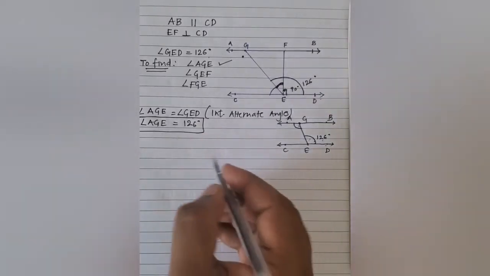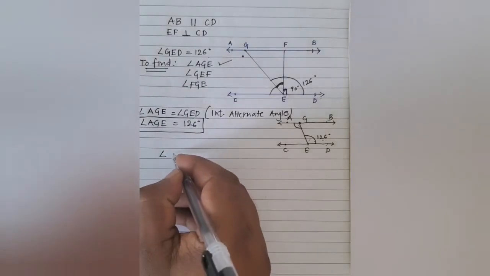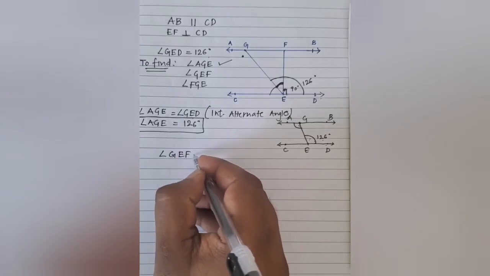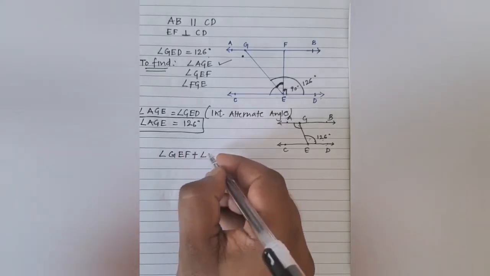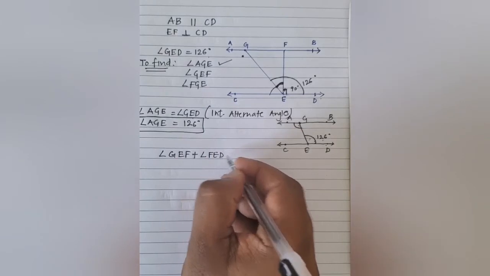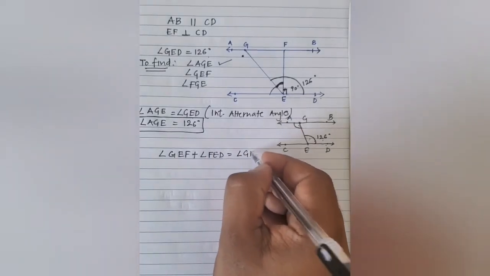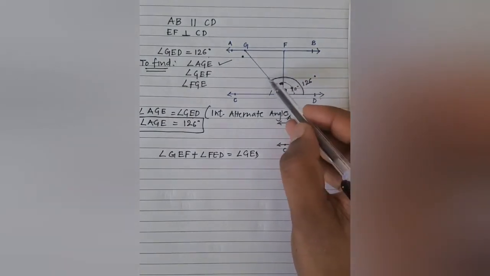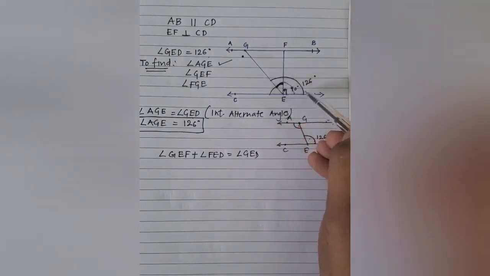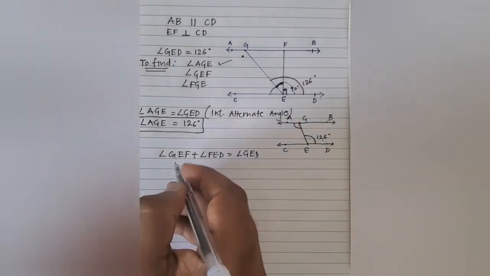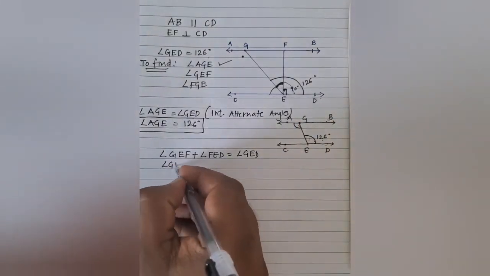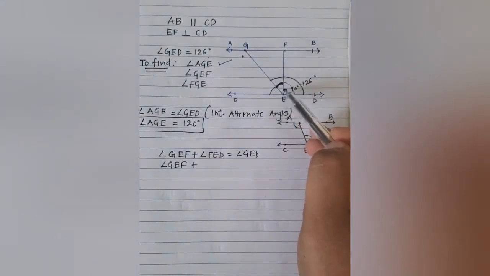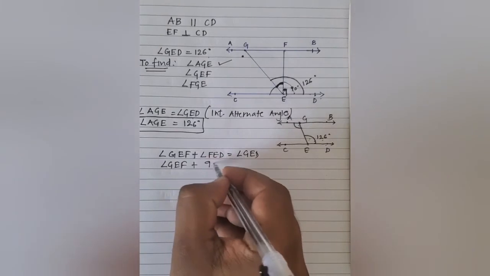So how would I write that? Angle GEF plus angle FED is equal to angle GED. That is, this angle plus this one is equal to angle GED, that is the whole. Now GEF is something that we have to find, so I'll write it as it is. What is FED? It is already mentioned that it is equal to 90 degrees.